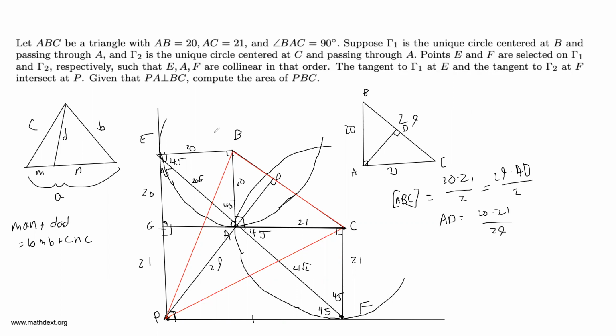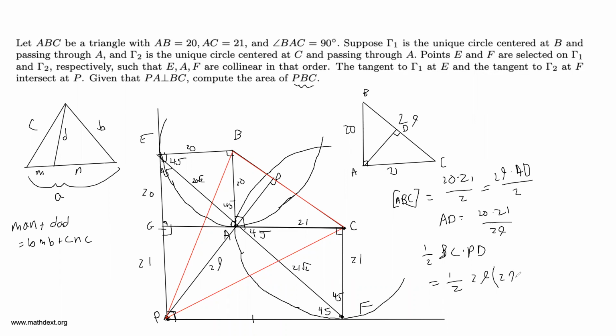All right, now we want to find the area of PBC. You can realize that since P, A, D are collinear and perpendicular to BC, this area is equal to half times BC times PD. This is going to be equal to half times, well, BC is 29 and PD is going to be PA plus AD.